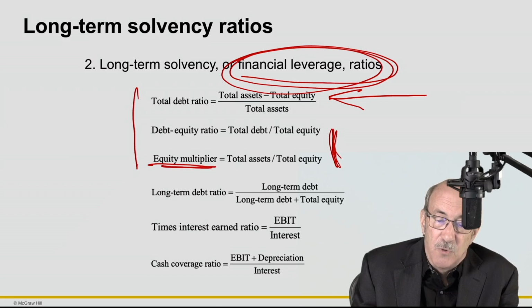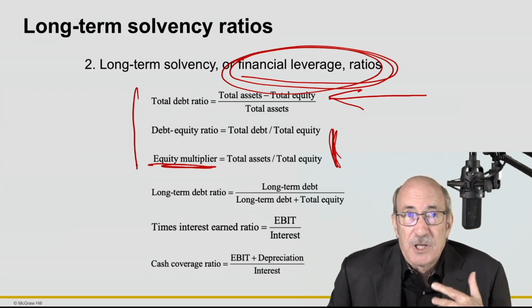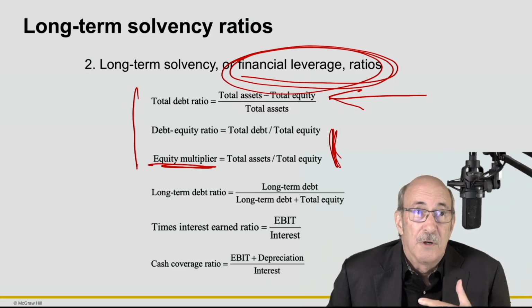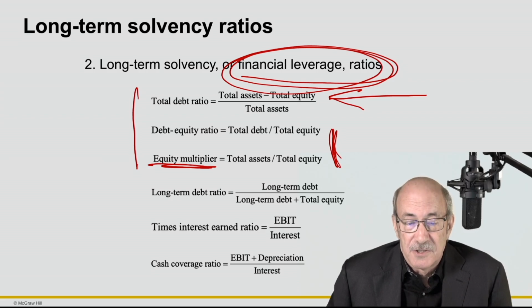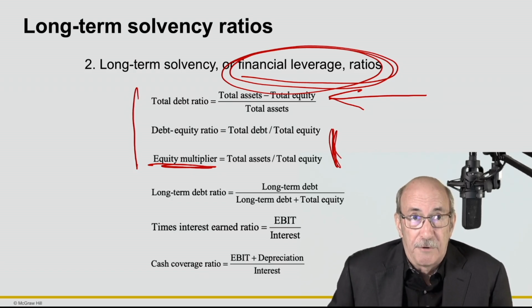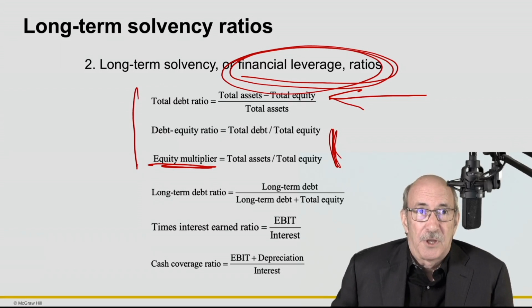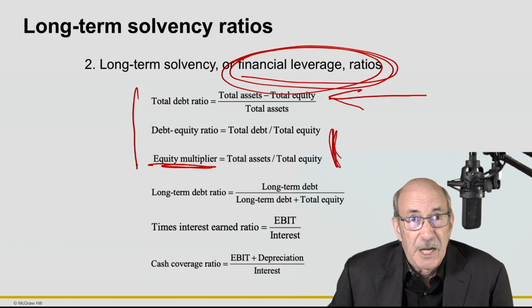This is a handy one because, as you'll see in a few minutes when we talk about the ROE decomposition, or what's also known as the DuPont analysis, the equity multiplier is the ratio that is part of that analysis. But again, as I said, all three of these mean exactly the same thing and give you the exact same information. So you could use any of these three, whatever is convenient for you.